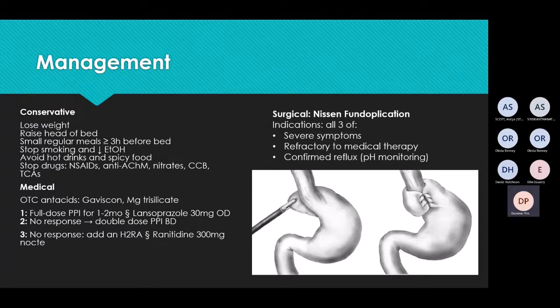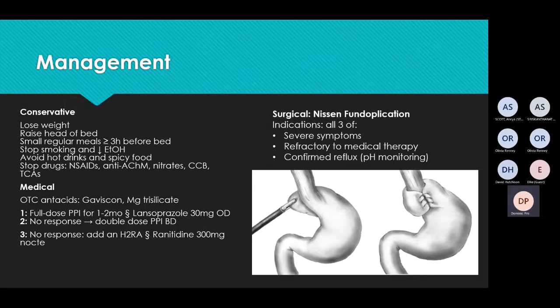That's your first line of treatment. And if that doesn't appear to work, then you give a drug called a PPI. And a PPI is a proton pump inhibitor, which stops that parietal cell from pumping the H+, the hydrogen ions, into the stomach. And drugs typically end in azole, such as omeprazole or lansoprazole.